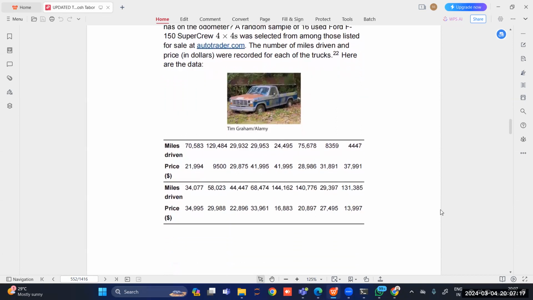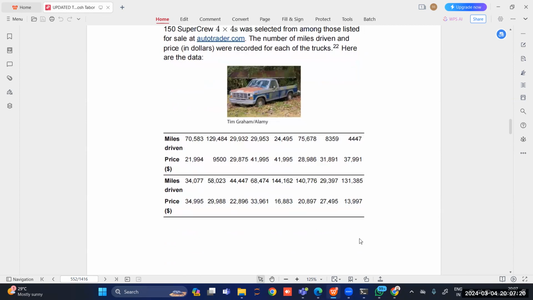So see here. Here is the data for miles driven.